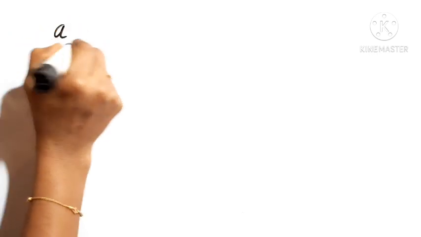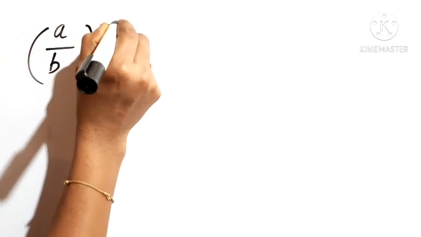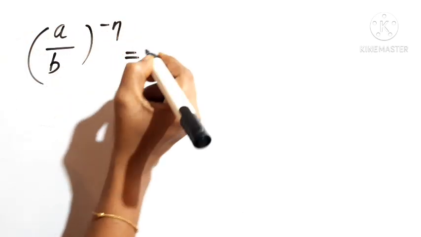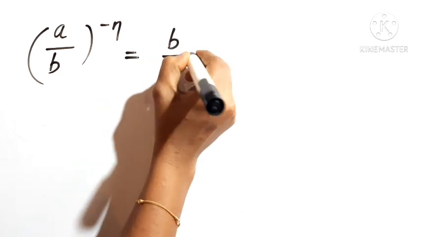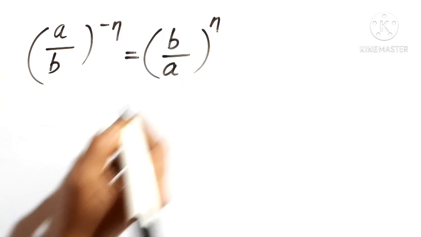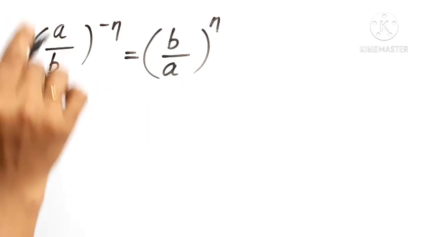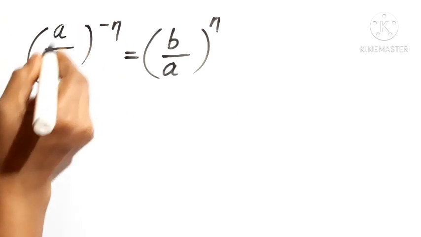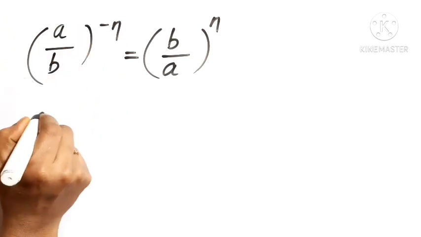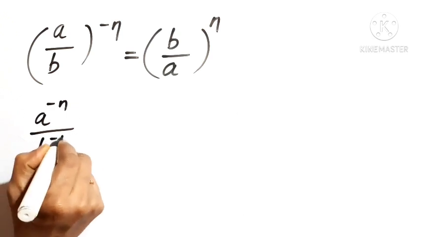Okay. Last exponential law, listen children, a by b all raised to minus n equals b by a all raised to positive n. How is it possible, children? Okay, let us check. LHS here, a by b all raised to minus n also equals a raised to minus n by b raised to minus n.